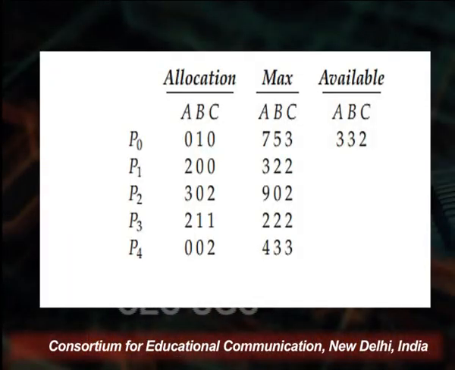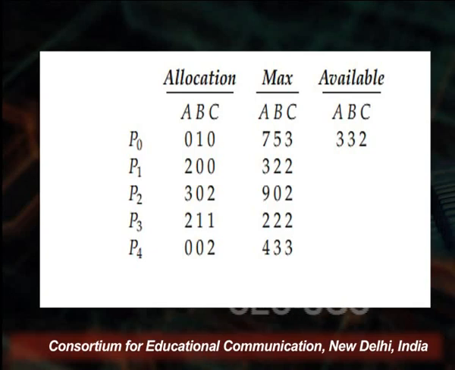So, as you can see in the figure, whatever is demanded up to its maximum capacity is given in the max array, and the numbers are pretty clear. What is available is given in the available array, and what is already allocated is given in the allocation array.